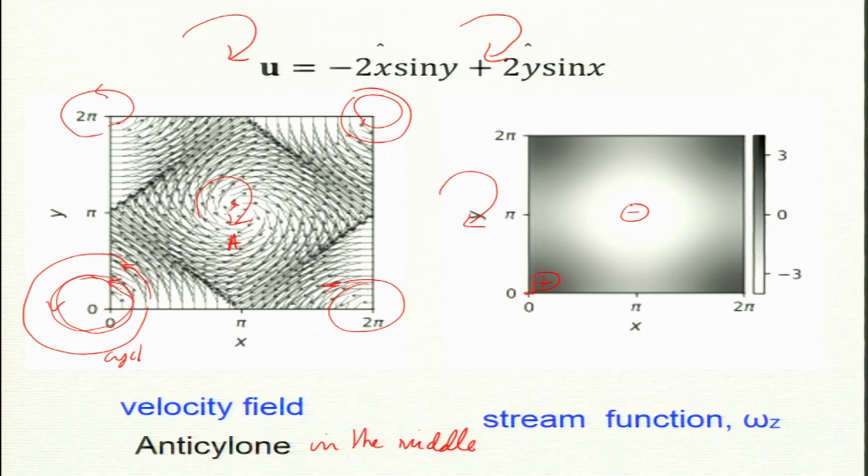I defined this in the last slide. You can see that ux is d psi dy with a plus sign, and uy is minus d psi dx. The stream function is by definition constant along contours, and the velocity field is tangential to the streamlines. If you just draw the lines, the velocity field is tangential to the streamline.